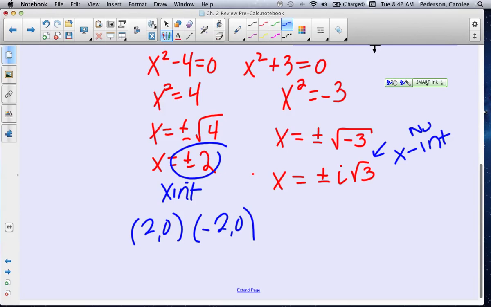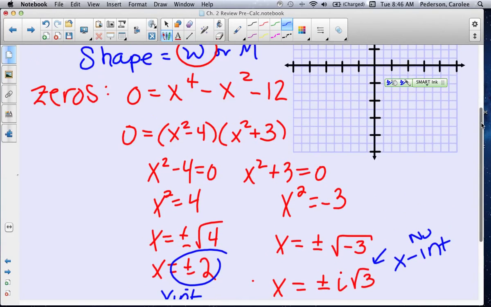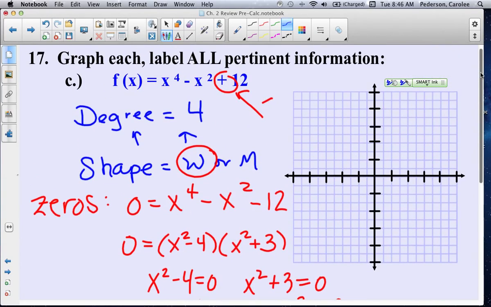So then you could graph those: 2, 0 and negative 2, 0. It said the leading coefficient was positive, so I know those have to go up as my end behavior. Then I would check for symmetry, or plug in a couple more values to see what happens between negative 2 and 2.